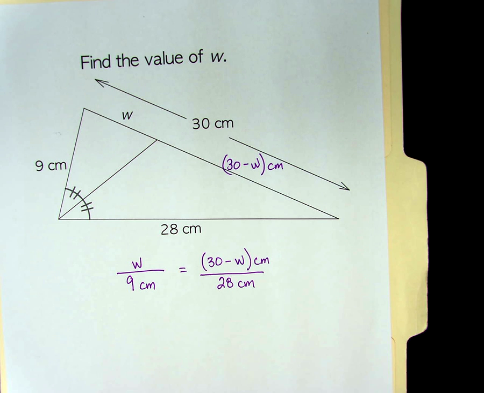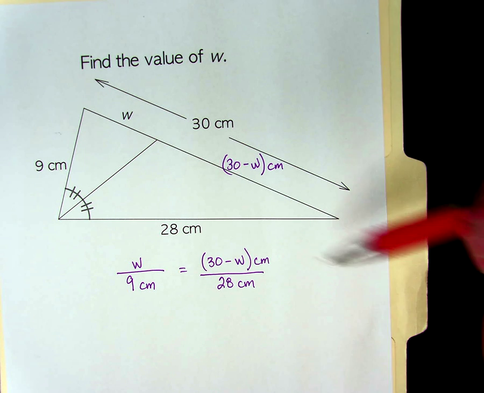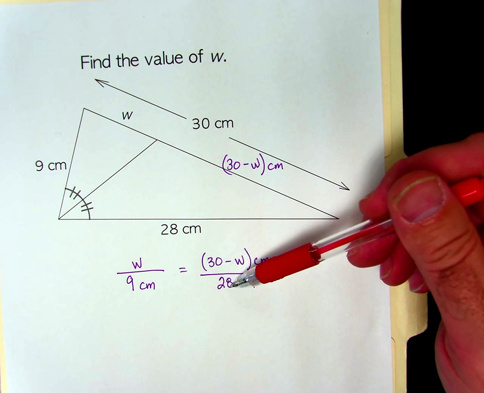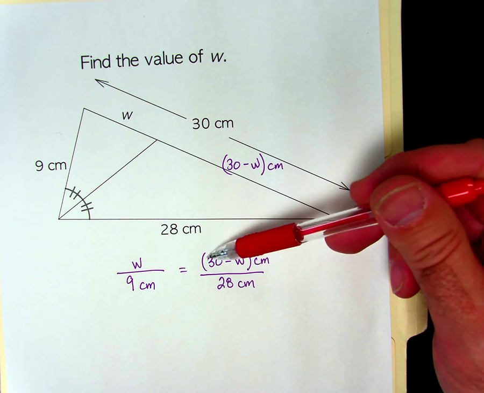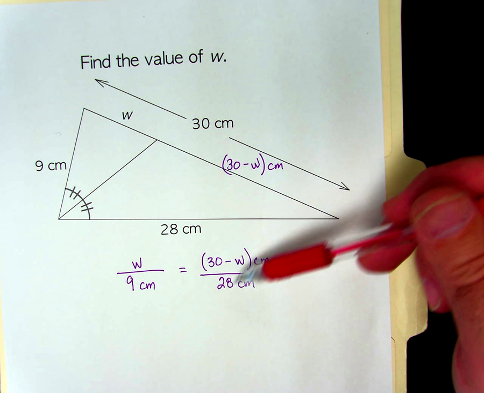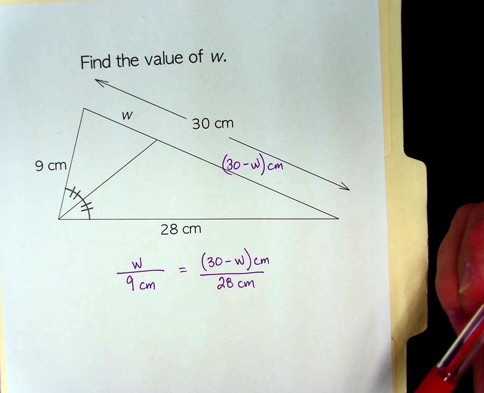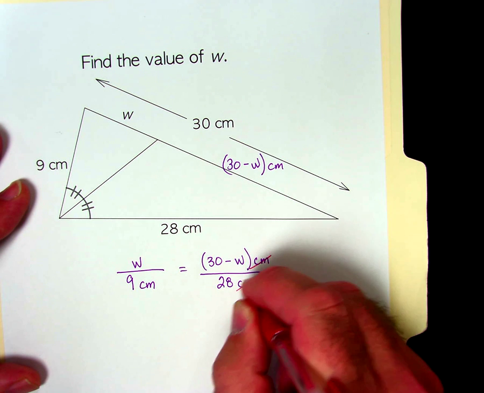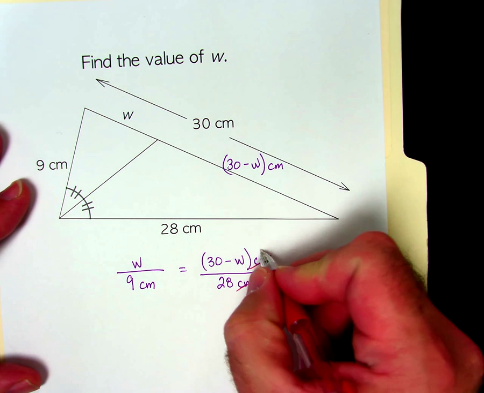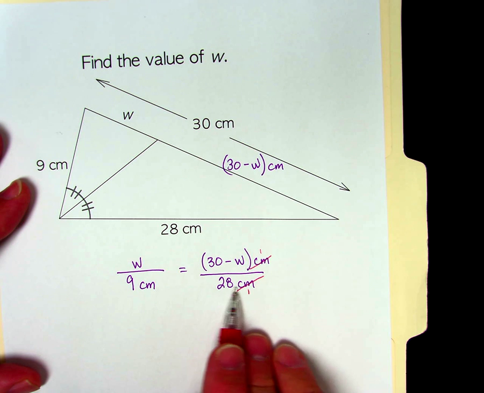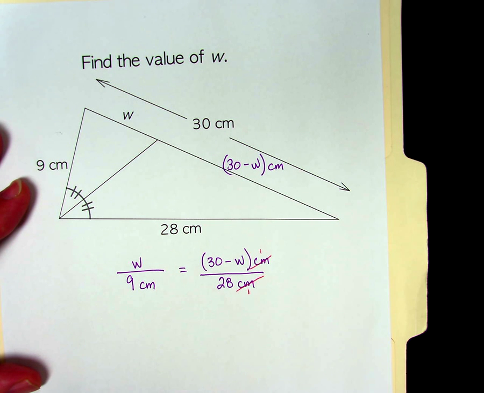Now, in terms of reducing here, I know it would be awfully tempting to say 2 divides into both 30 and 28, but 30 isn't the number here. 30 minus W is, and the 28 doesn't divide into the W part. I could reduce the label of centimeters, however. 9 doesn't share a common factor with 28, so I can't reduce horizontally there either.